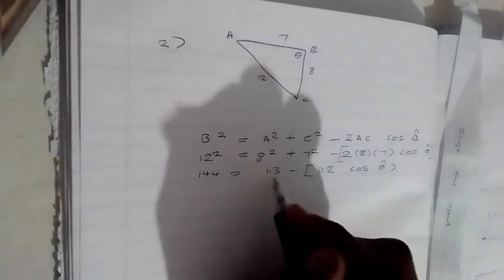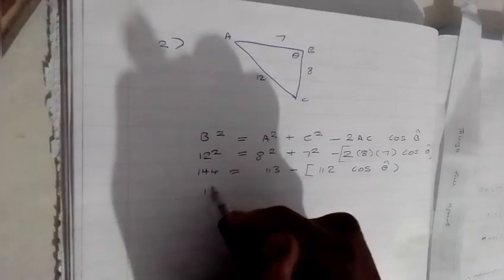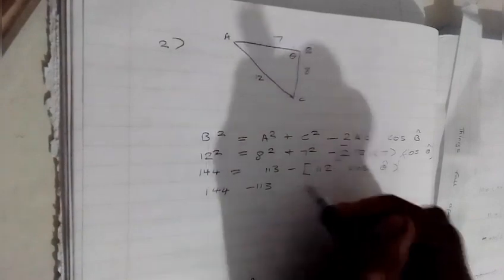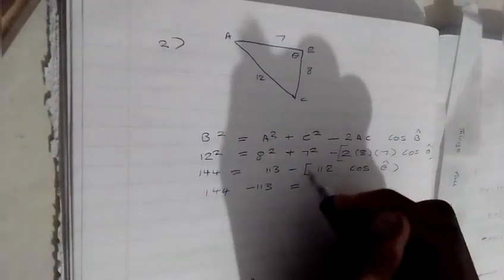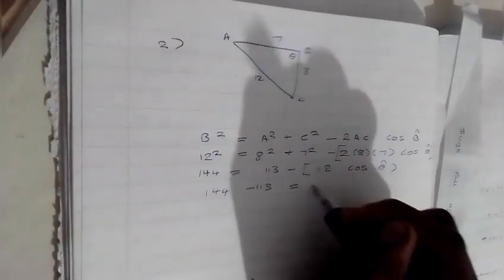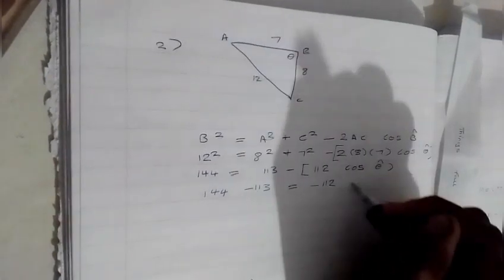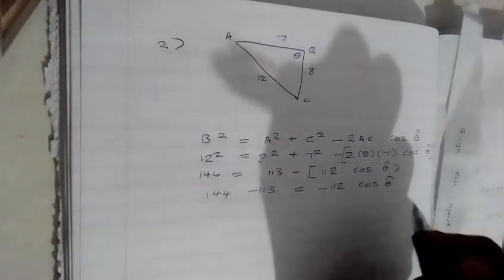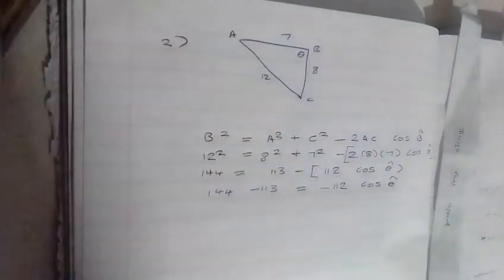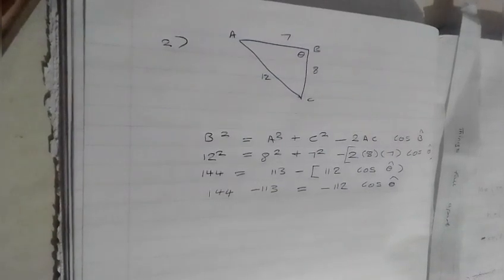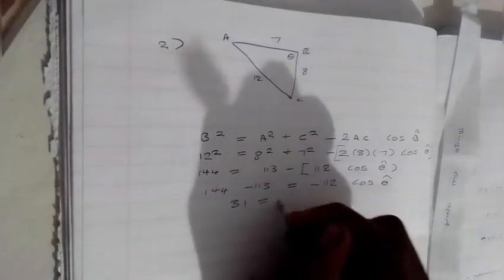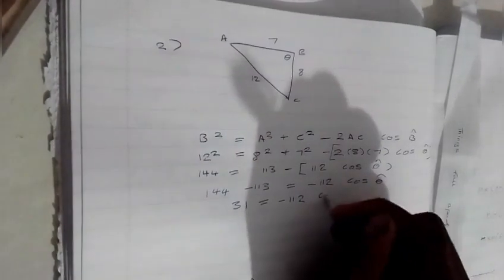So we want to take this 113 to the other side. It's going to be 144 minus 113, and then from here you can just remove the brackets. So it's going to be negative 112 cos theta. From there we simplify and solve. So it's 31 equals negative 112 cos theta.